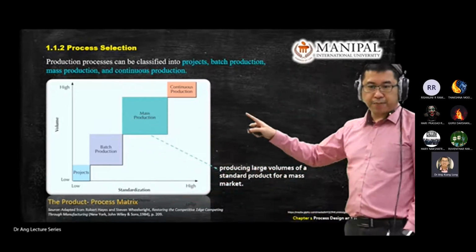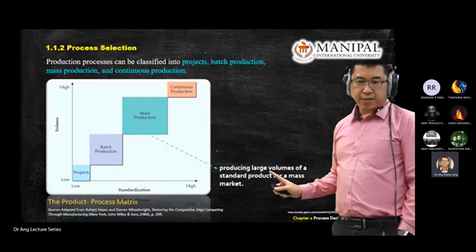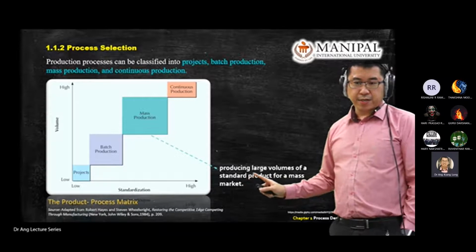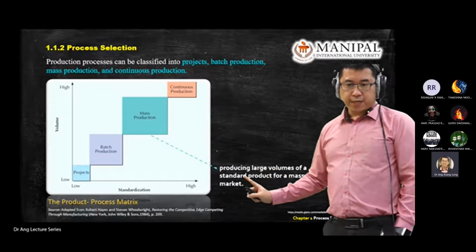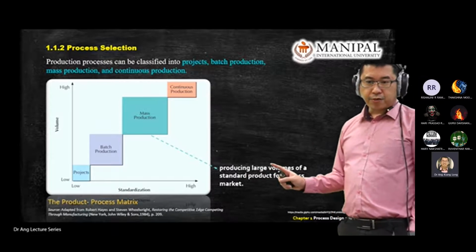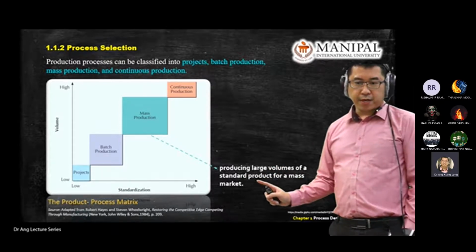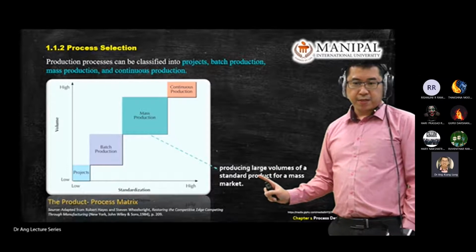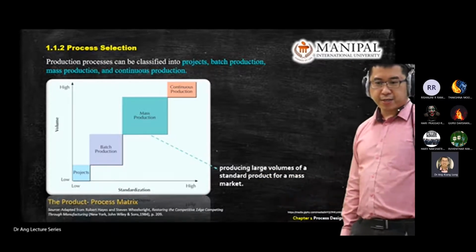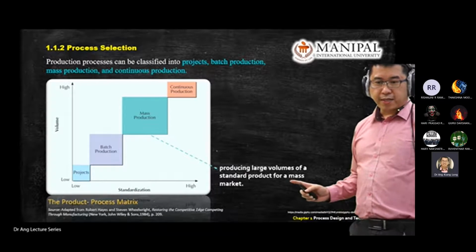So the keyword for mass production is large volume. And the next keyword is standard products. Large volume, standard product means same product. Or you can standardize the products. Cater for the mass market.